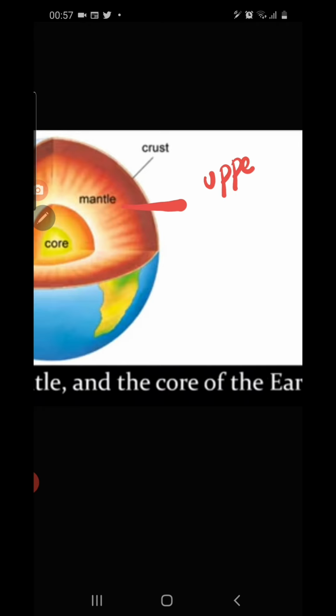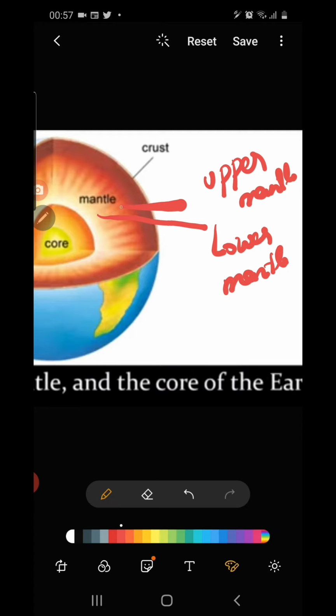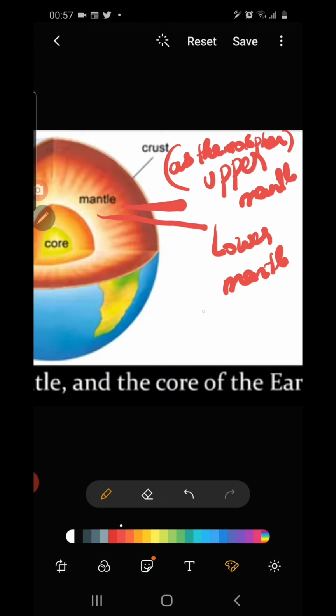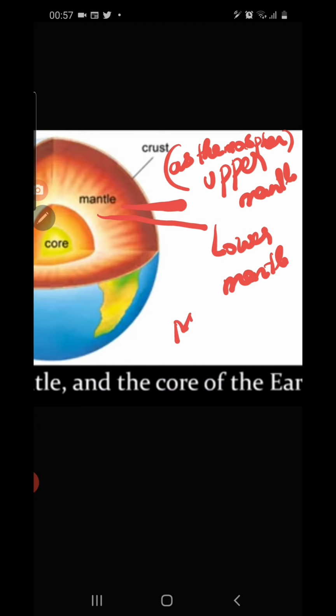The scientists say that this upper mantle is in fully molten form, the rocks being molten due to high temperature. The lower mantle is a little harder than the upper mantle, so the upper mantle can be called the asthenosphere, and the lower mantle can be called the mesosphere.